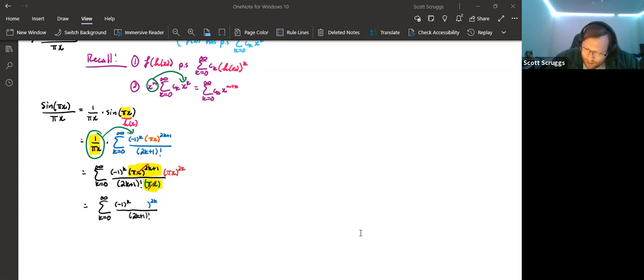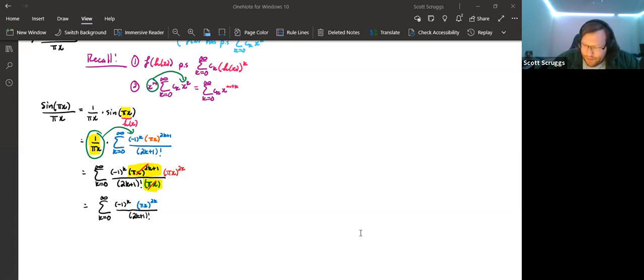And let me rewrite this to make it a little bit clearer. And before I move on to the next problem where we integrate, I am going to do one more simplification.